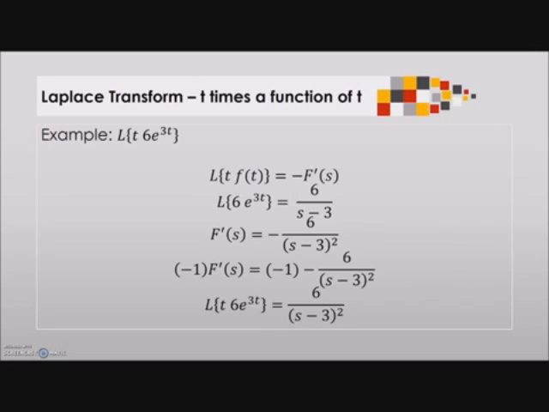Multiplying by negative 1, we will arrive at the final answer: the Laplace transform of t times 6e raised to 3t equals 6 over s minus 3 quantity squared. Now that ends the lesson for the Laplace transform of t times a function of t.